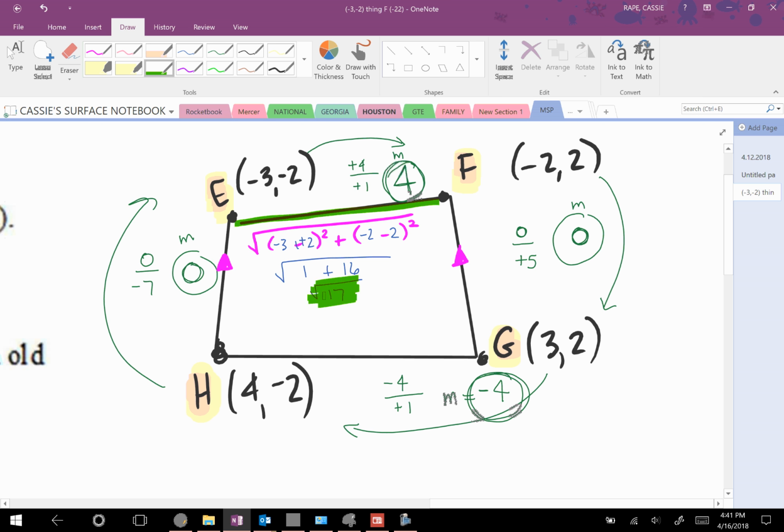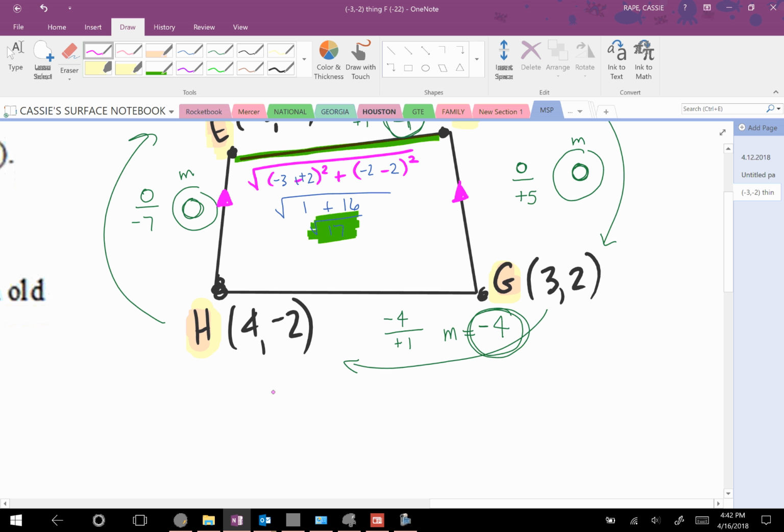Next, I'm going to do the distance formula between H and G. Put in my x's, the 4 and the 3. Put in my y's, the negative 2 and 2. 4 minus 3 is a 1. Quantity squared is 1. Plus negative 2 minus 2 is negative 4. When you square that quantity, it is 16. And the square root of 1 plus 16 is the same as the square root of 17.